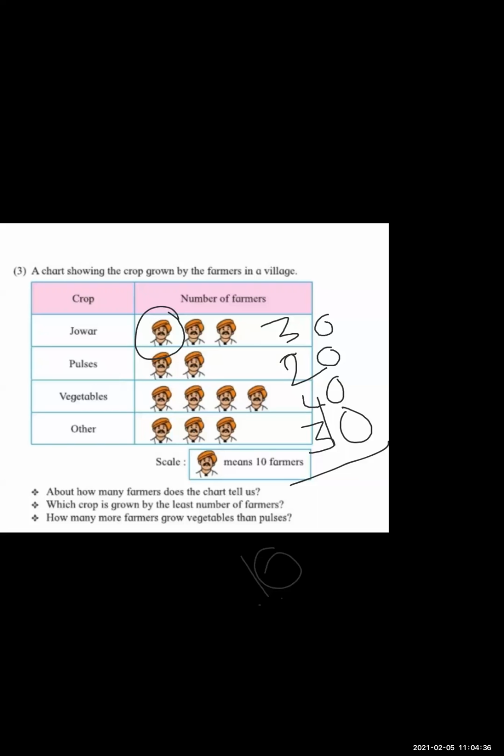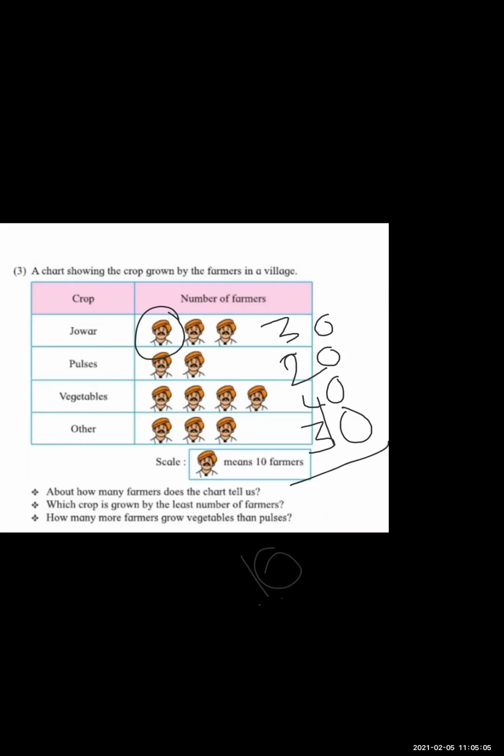20. Pulses means, you know about dal, tuar dal, moong dal? Yes or no? One student is sending me a message. Pulses means what, right? Is the doubt cleared, Tanisha?